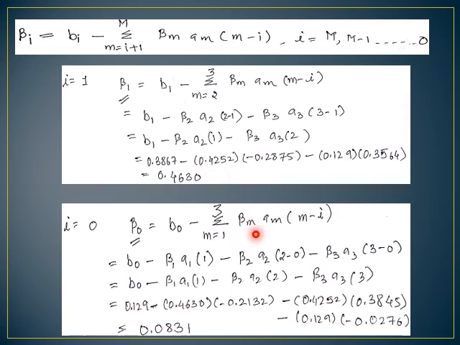Now beta M, AM of M minus I. So we get beta 1, A1 of 1 minus 0, beta 2, A2 of 2 minus 0, and beta 3, A3 of 3 minus 0. So beta 0 is B naught minus beta 1 A1 of 1 minus beta 2 A2 of 2 minus beta 3 A3 of 3. Substitute these values and you get the answer for I equal to 0.